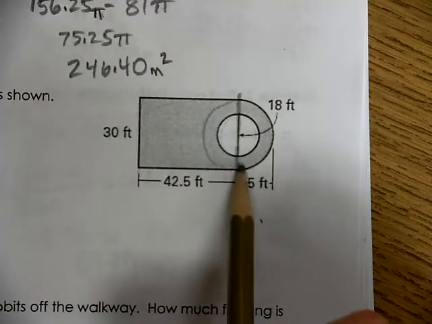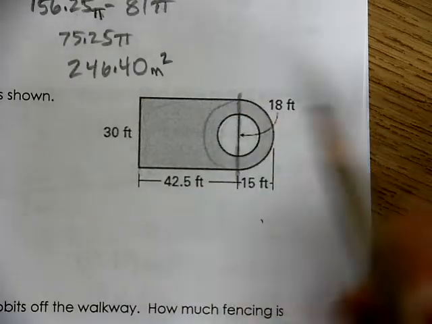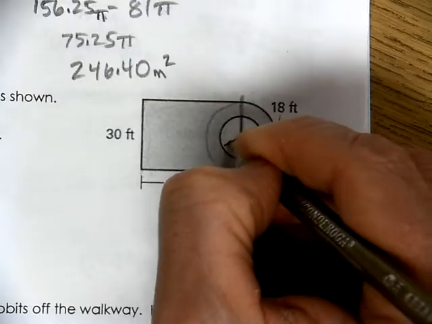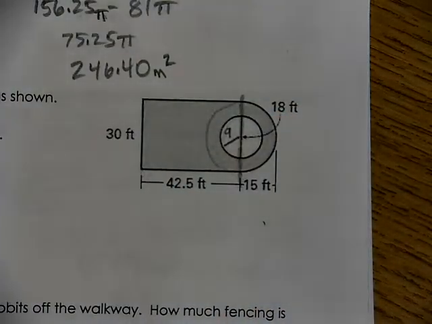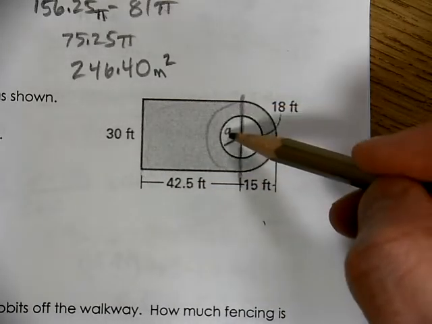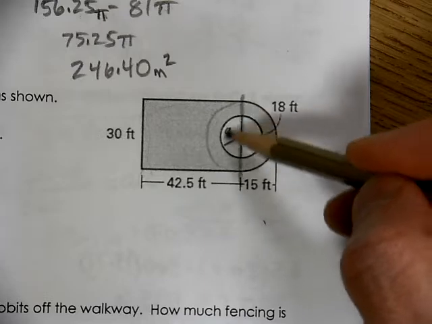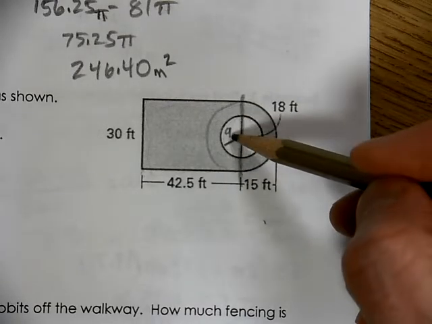We have a rectangle, full rectangle, minus, this is a radius of 9. So we have a full rectangle minus half the circle is what we have. So we're going to do that one first.